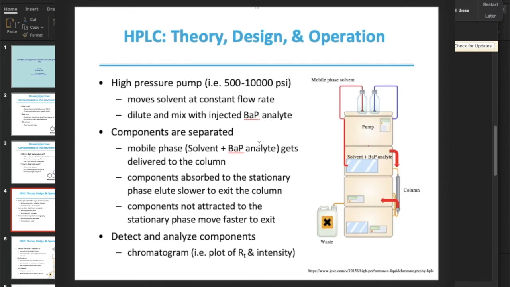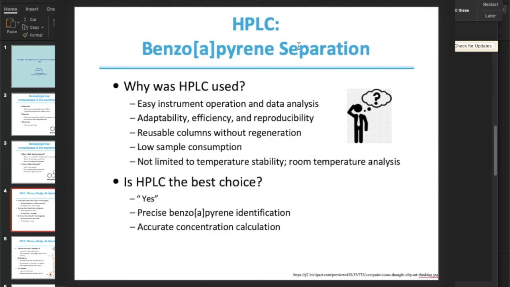The sample is diluted and mixed with the mobile phase. In the column, silica bits create a surface area for interaction to take place, usually between the component and the stationary phase. And lastly, after the components are separated and exit the column, in this area a UV detector analyzes the component and finally generates the signal.